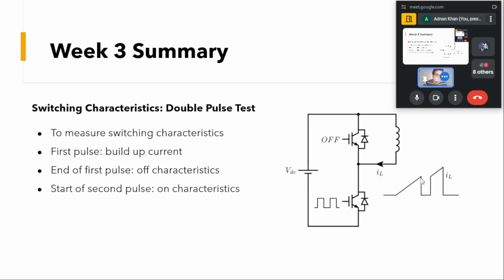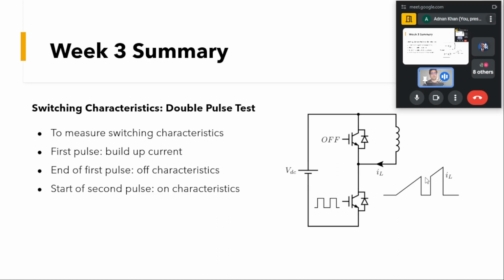So at this point we are turning off this device at some rated current, say 50, 60, 70, any amperes of current. Here we are able to capture the turn off of the device, and we will see how our device behaves at the time of turn off.